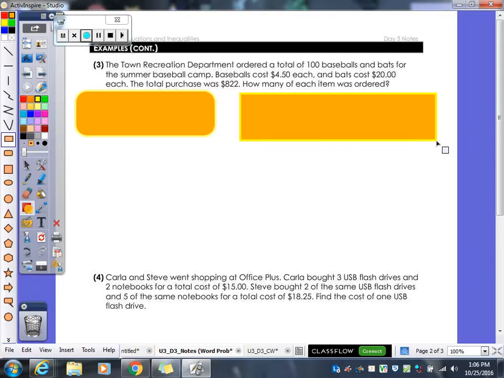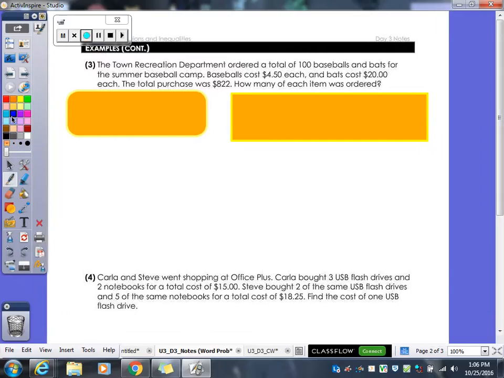All right, so our let statements. The town rec department ordered a total of 100 baseballs and bats for a summer baseball camp. Baseballs cost $4.50 each and bats cost $20 each. The total purchase was $822. How many of each was ordered?